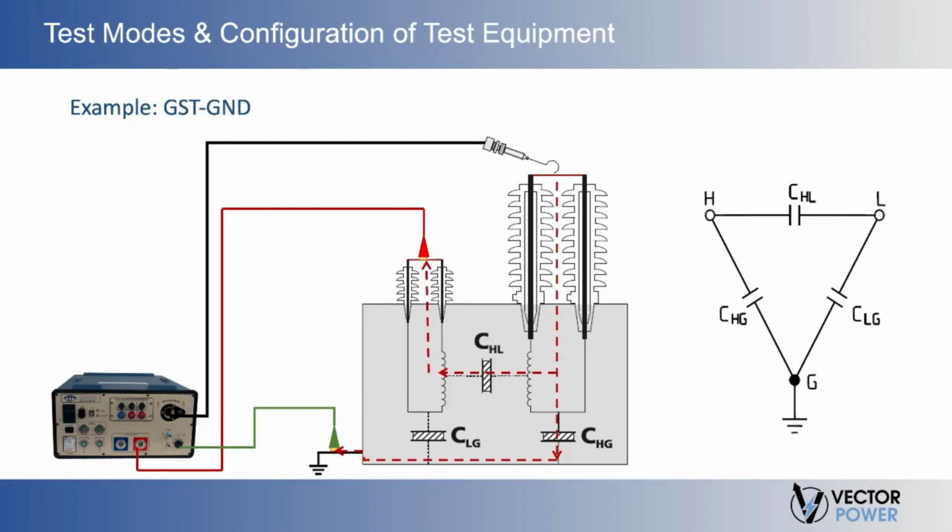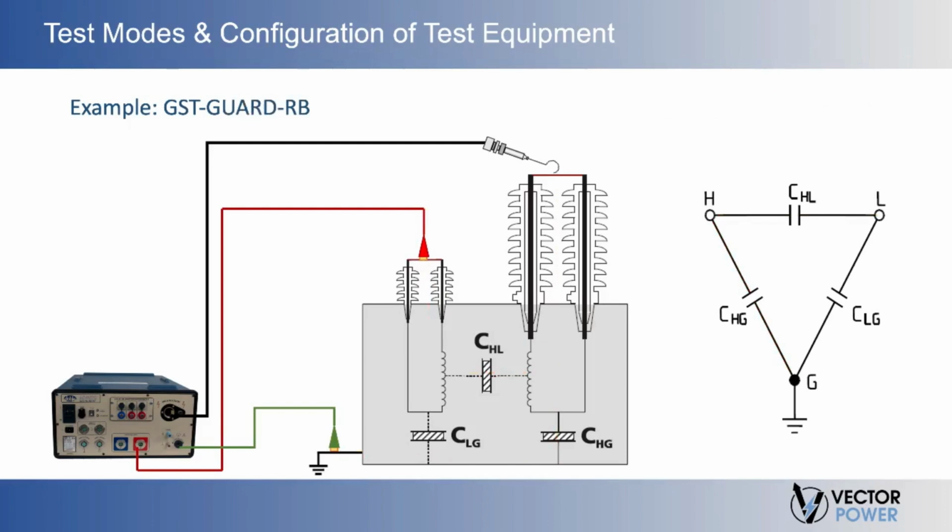That creates a current flow that is going to go from the high to the low. Red channel is going to be measured, and it's also going to create a current flowing from high to ground. And once again, ground is always measured in a GST test. The resulting insulation that we are measuring is going to be the capacitance of the high to ground plus the capacitance of the high to low, or the insulation segments that we see in this diagram.